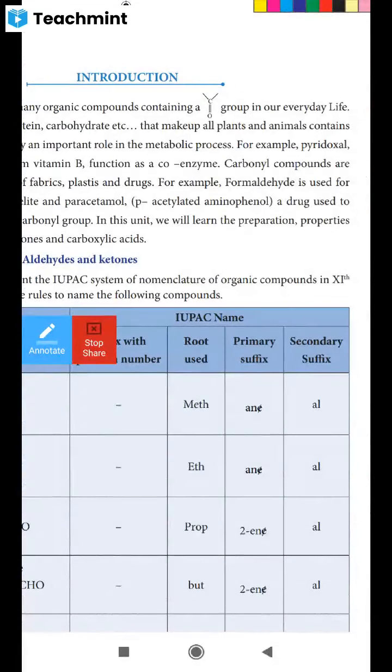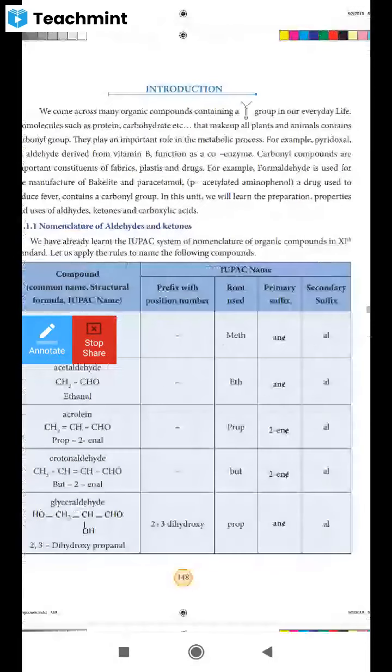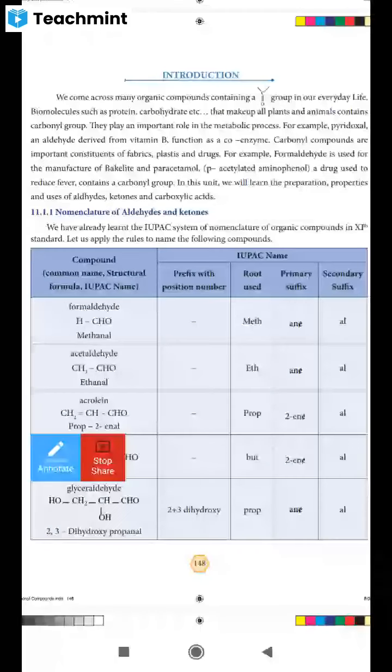So the first question is: give example, carbonyl compounds. This is the first question. The answer is: compounds which contain carbon and oxygen are known as carbonyl compounds.